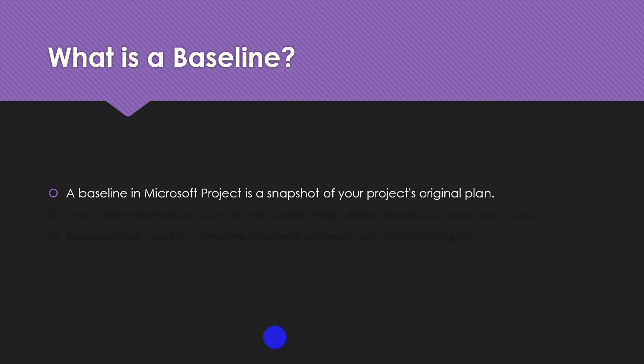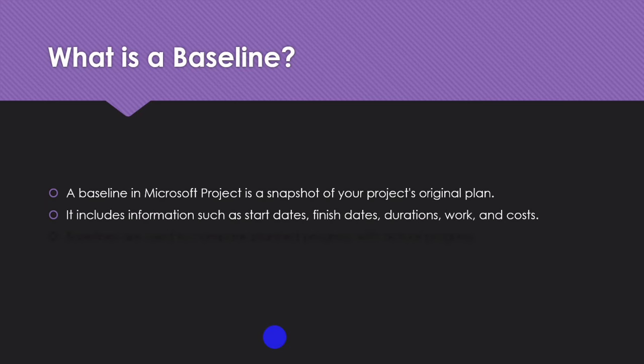It locks in the original scope, cost, and schedule so you can measure actual performance against what was planned. In Microsoft Project, this includes start dates, finish dates, work hours, duration, and costs. Once you've set a baseline, you can start tracking variances and making informed decisions.